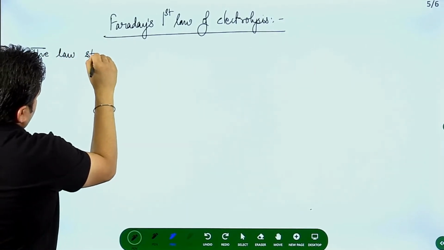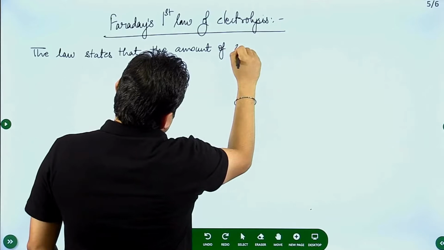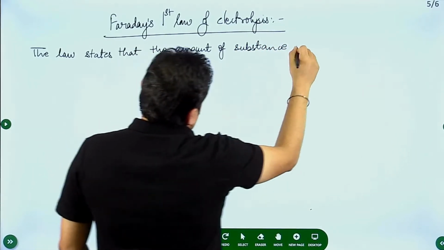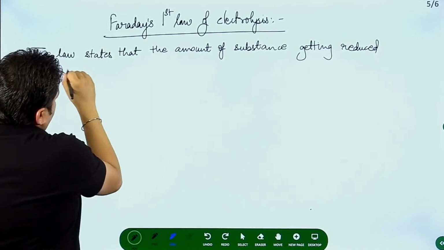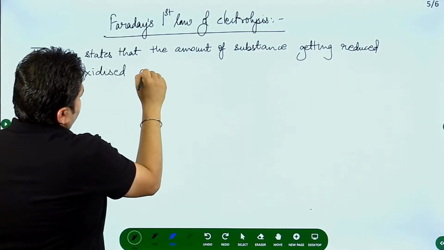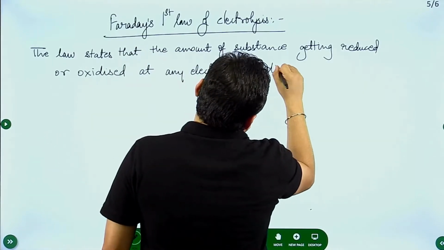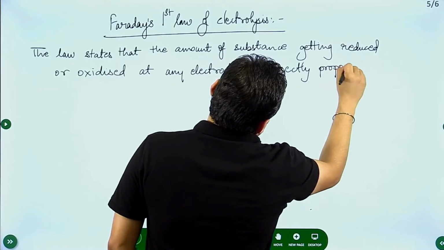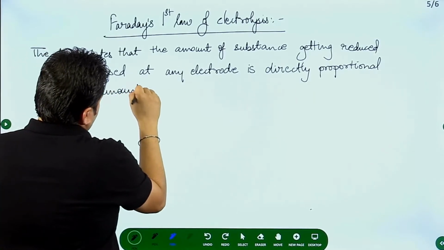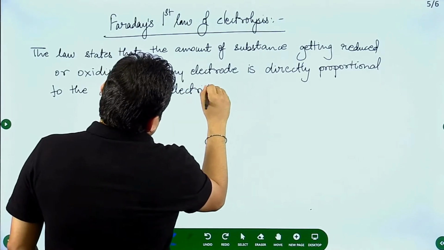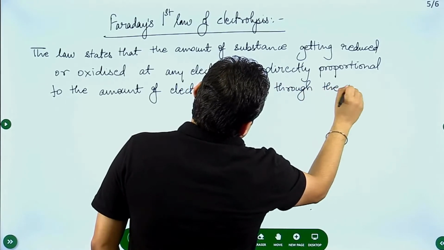The law states that the amount of substance getting reduced or oxidized at any electrode is directly proportional to the amount of electricity passed through the cell.